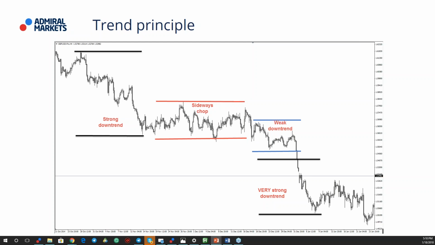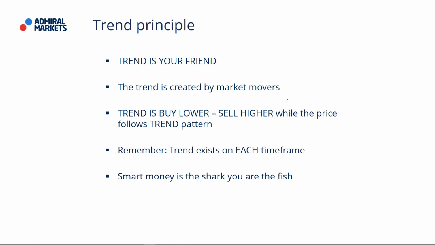Let's go. Trend is your friend. Okay. The trend is created by market makers, market movers, those who shape the market behavior. Big funds, pension funds, hedge funds, institutional traders, big fund traders, companies, remittance companies.